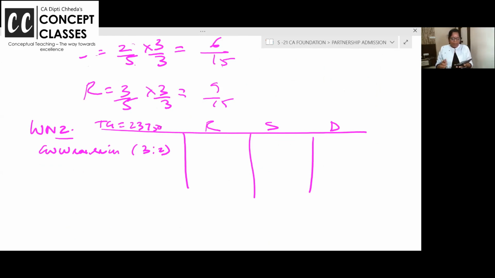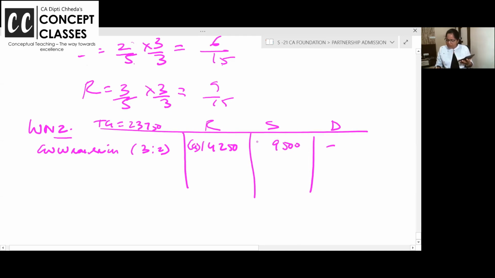Raise the goodwill in old ratio. 23,750 into 3 by 5 is 14,250. Minus 9,500. Credit. Write off the goodwill in new ratio. Debit.